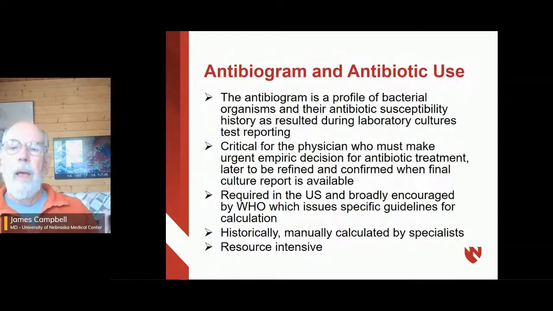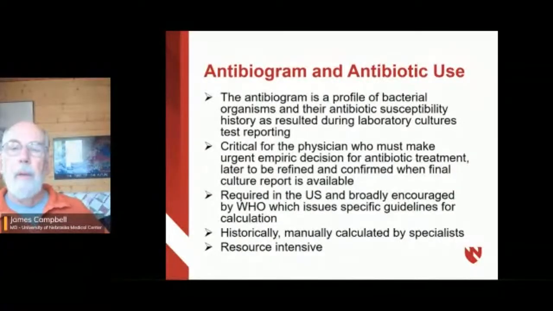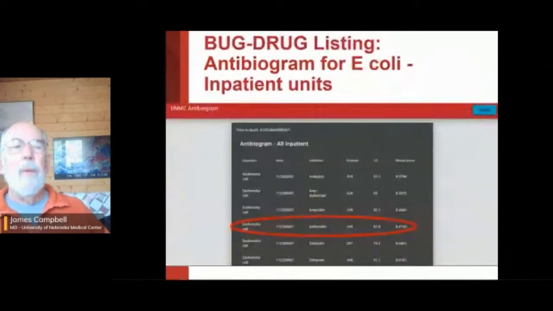An antibiogram is a profile of bacterial organisms and their antibiotic susceptibility history, statistically assembled in such a way that it basically tells the clinician what the likelihood of susceptibility to a specific drug will be. And it's critical for making immediate antibiotic decisions as well as refining therapy.